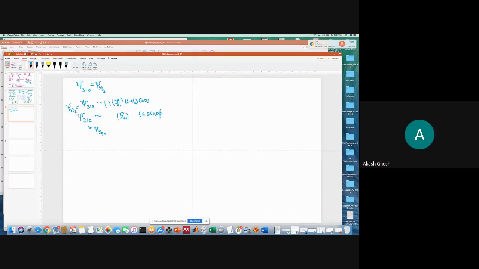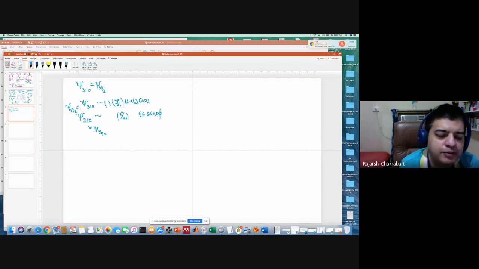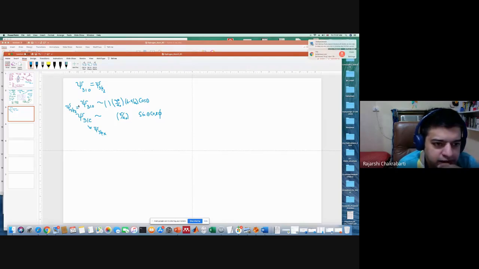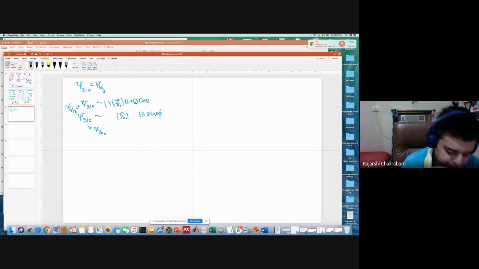So if I ask you a question, the wave function for 3pz is given by this, then write down the wave function for 3px. Without the constant, you should be able to write it, isn't it?